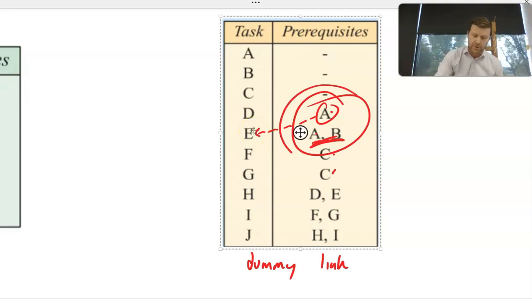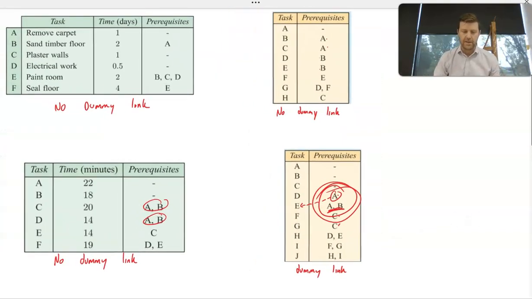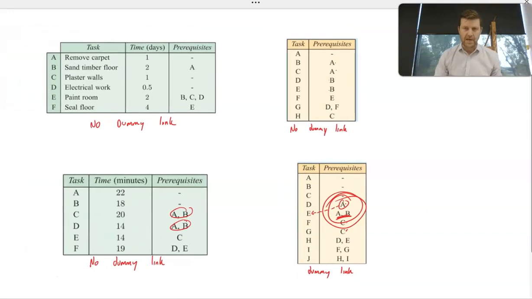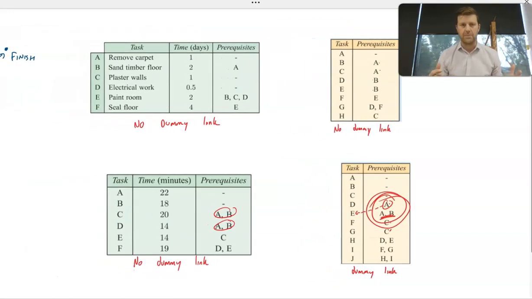So that's basically what you're looking for if there is a dummy link in the precedence network, just from looking at the precedence table. Anyway, hope that helps, and thanks for watching.